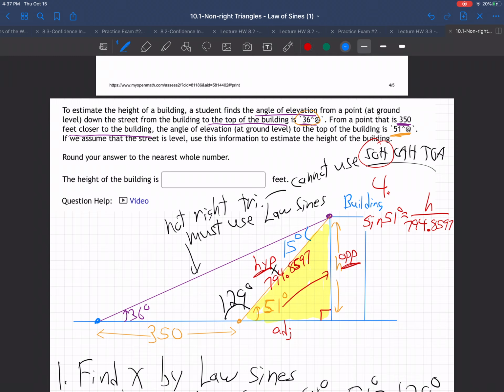And so now, to finish solving for that, put this over 1, go diagonal, diagonal. So that means 1 times h is 794.8597 times sine of 51, if you can read that.